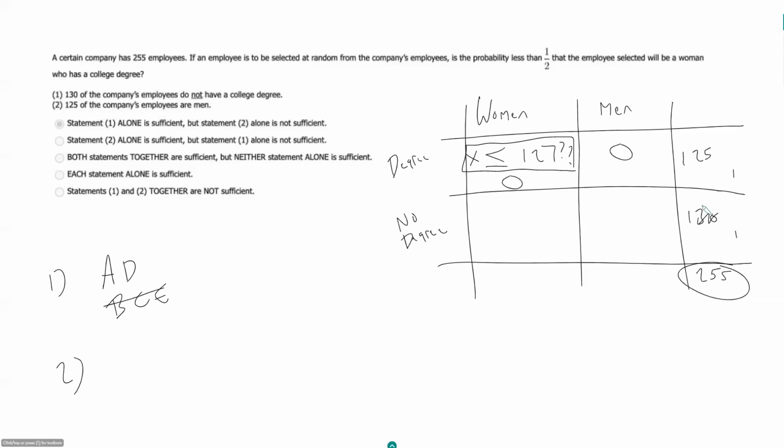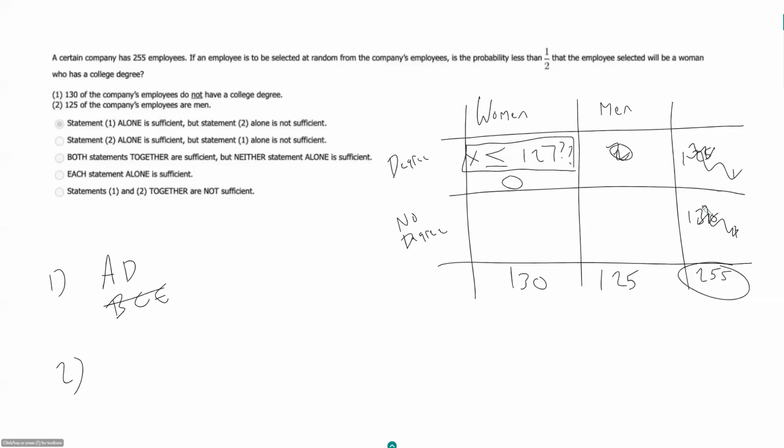Statement 2 says, so I can delete this now, 125 of the company's employees are men. So if I got 125 here, that means I got 130 here.